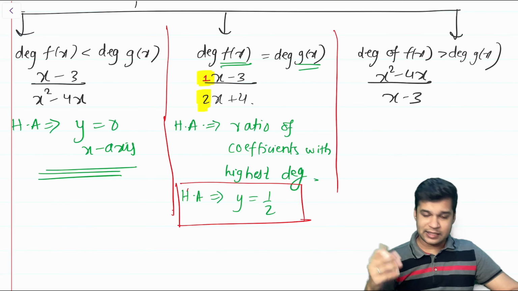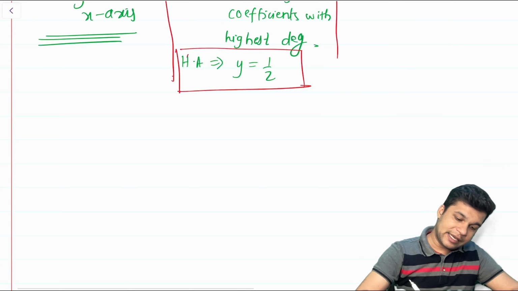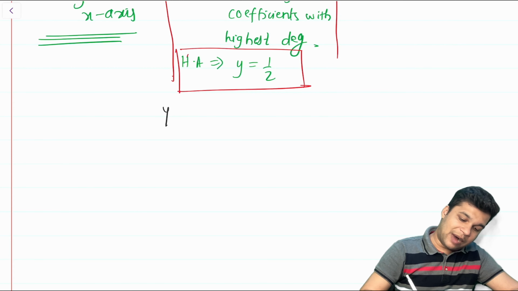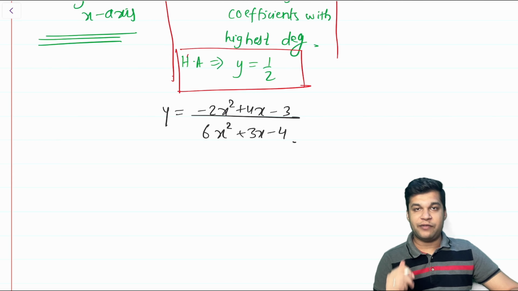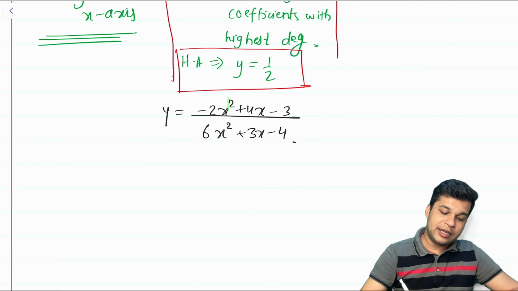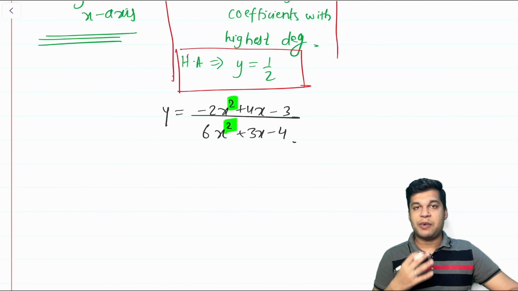I can give you another example. Let's say your function is y equal to (minus 2x square plus 4x minus 3) divided by (6x square plus 3x minus 4). Let's say this is your rational function. What is the degree? The degree is 2. The highest power is 2.